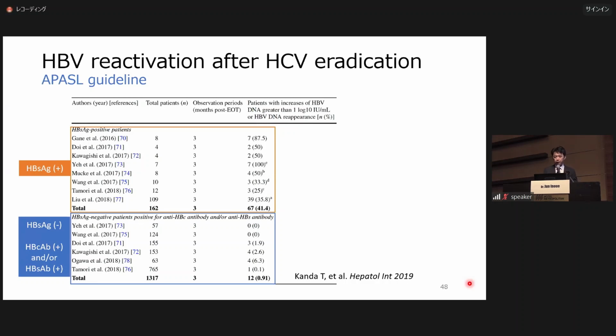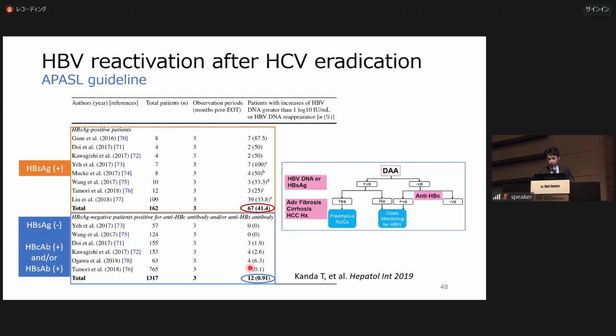Also, HCV eradication induces HBV reactivation. From this APASL guideline, in HBs antigen positive patients, 41% experienced an HBV DNA increase, and in HBs antigen negative and antibody positive patients, 0.91% experienced HBV reactivation.